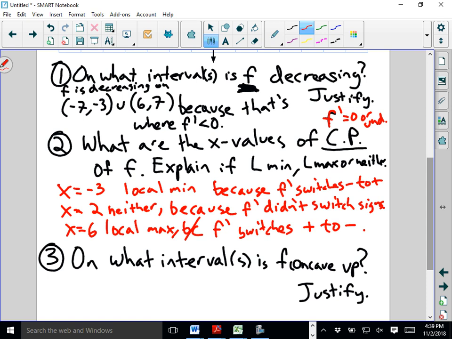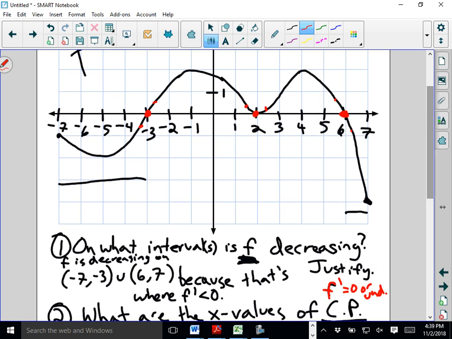So I want to look back to my f prime graph and determine on what intervals is f prime increasing. Well, I see f prime increasing right from here to here, and then I see f prime increasing from here to here.